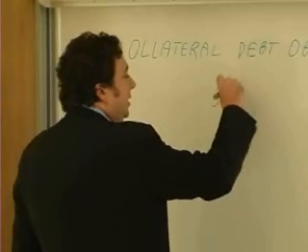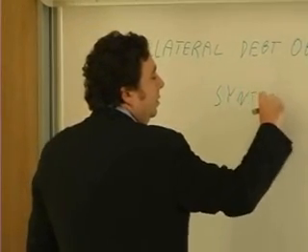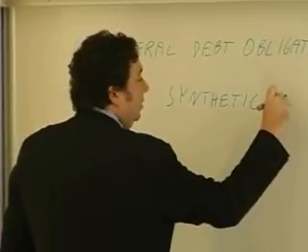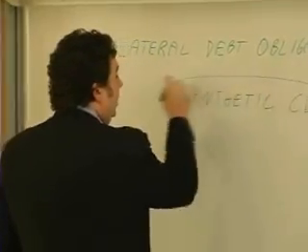When you read something related to the CDO, you have to bear in mind that this is nothing else than a synthetic securitization. And usually it is called synthetic CDO. When you talk about a synthetic securitization, we have a synthetic CDO in mind, collateralized debt obligation. A synthetic CDO is nothing else but a synthetic securitization.